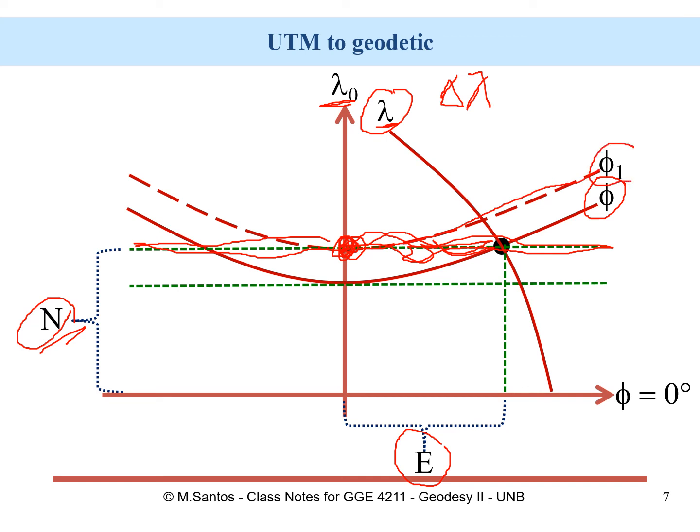That's phi prime, phi 1, which is the foot point latitude. So we know this one, and what we have to do now is compute a correction. The correction is just this distance here.